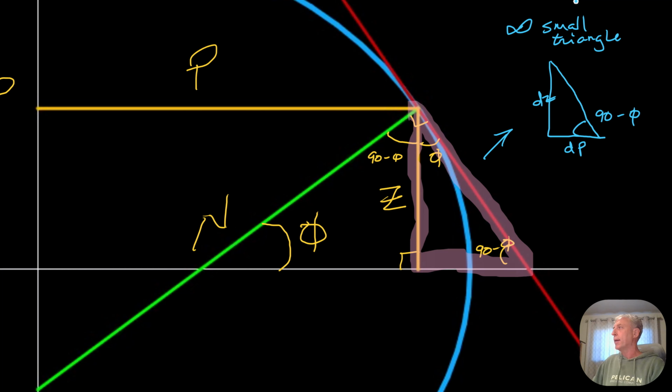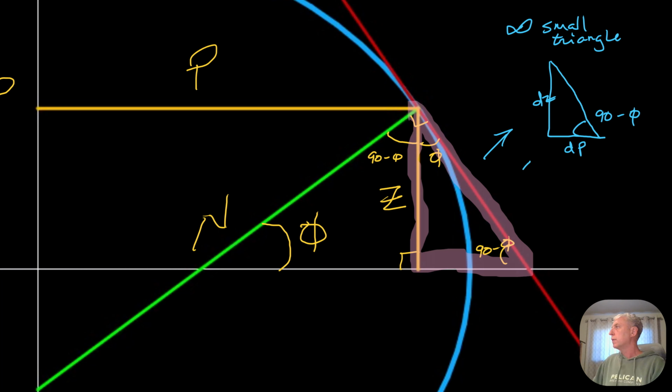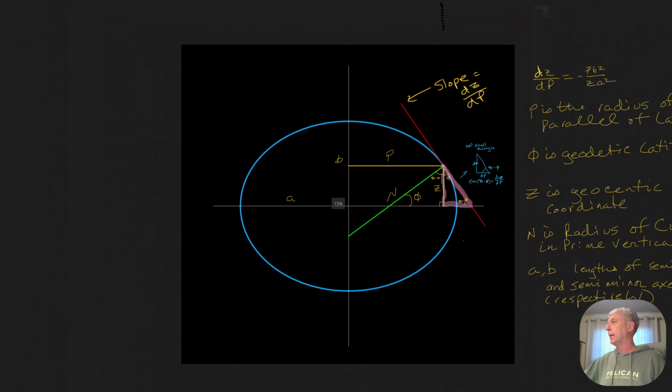So from that we get the tangent, and I'll go the other way, it makes more sense. We would have the tangent of 90 minus phi equals opposite over adjacent. That's dz/dp also, and that's going to be an important relationship for us. So if I zoom back out, that was just so we could get that dz/dp in terms of the latitude.